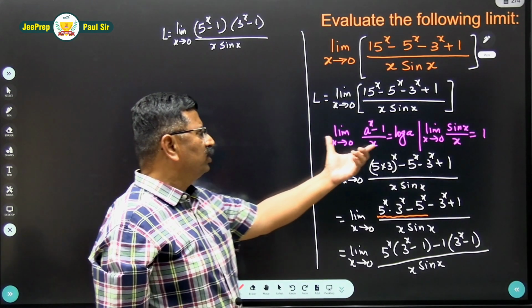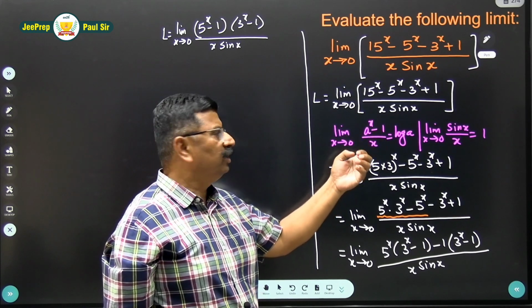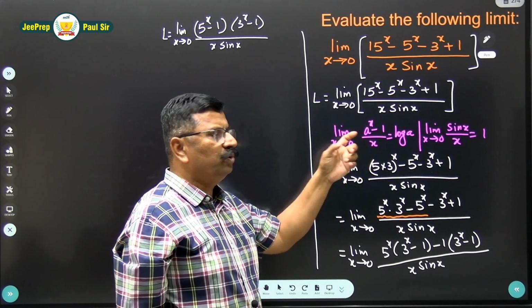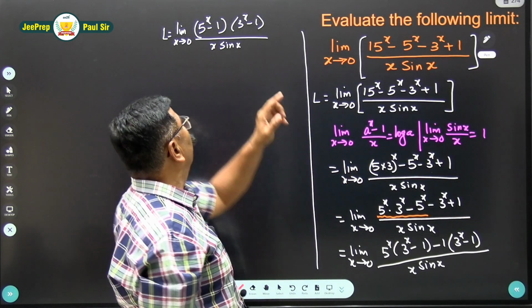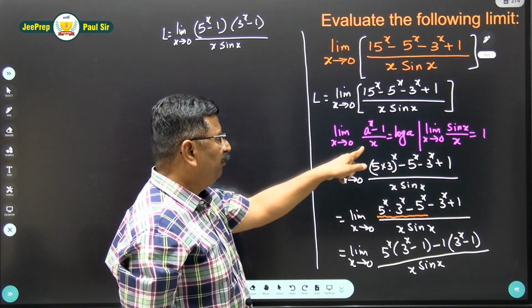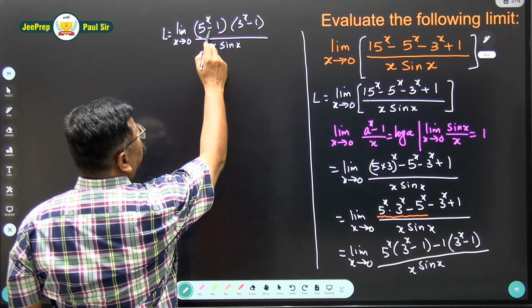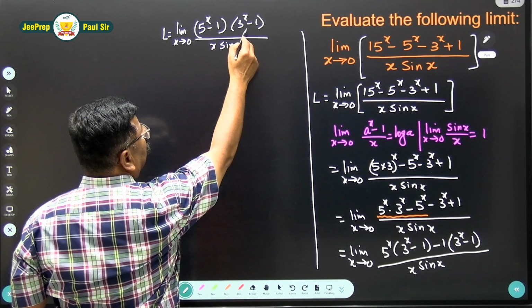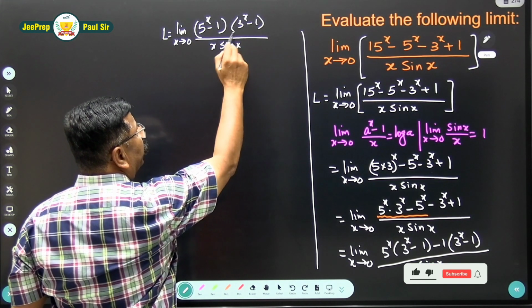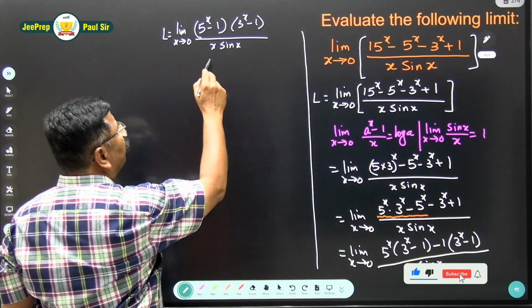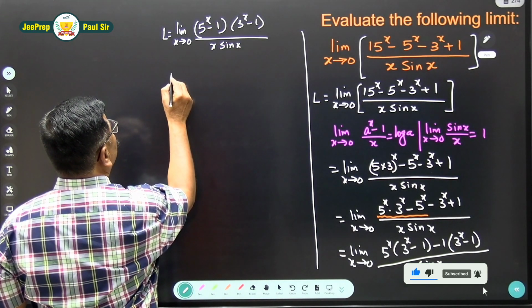Now we want to use this formula of exponential limit. So we need a raised to x minus 1, which we have here, but we don't have divided by x. So what we'll do, we will divide this term by x and also this term by x. That means we'll divide numerator by x square. So then we will have to divide denominator also by x square.